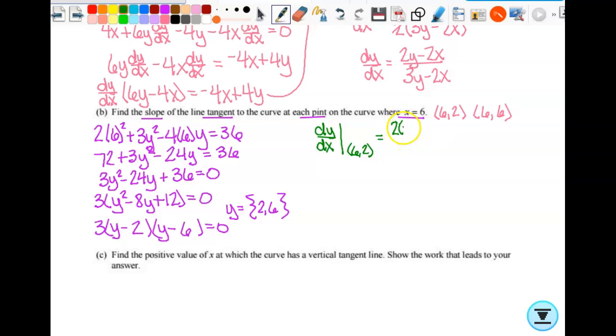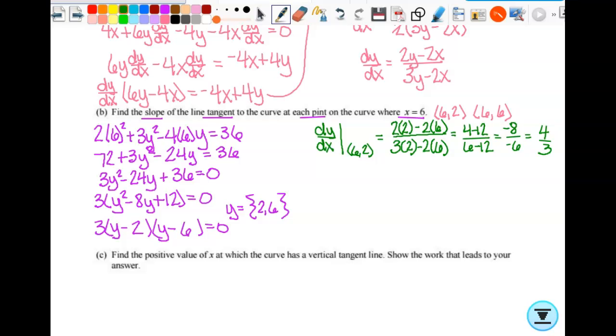So this would be 2 times 2 minus 2 times 6 over 3 times 2 minus 2 times 6, which will give me 4 minus 12 over 6 minus 12, negative 8 over negative 6, so positive 4/3. Do y'all agree with that? Any questions about where anything came from or why I did what I did?